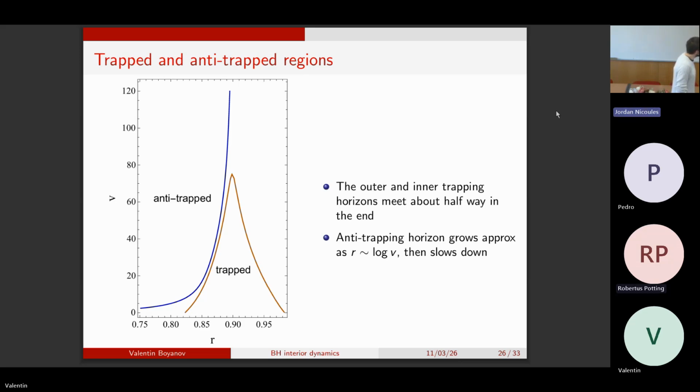Yeah, well, for there to be an event horizon, you would need an outer horizon that appears and stays asymptotically. So in principle, no. But, well, we still don't know, for example, what happens to the anti-trapped region. But yeah, it looks like there wouldn't be an event horizon.